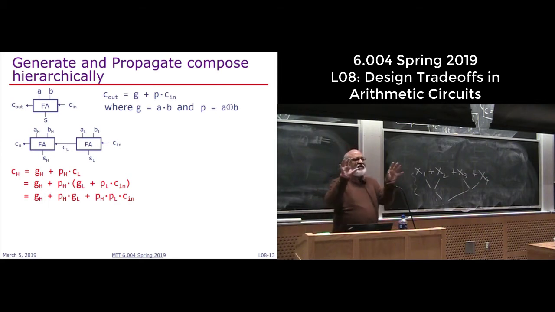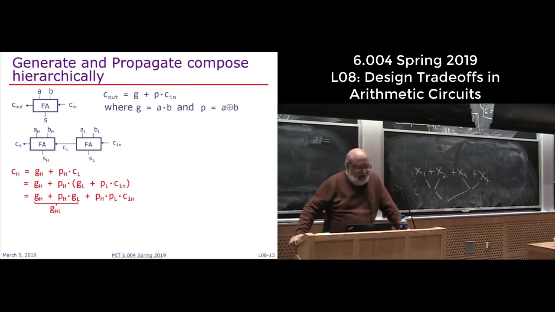If I look at these two boxes, these two full adders, which you can in general think of as high, low, because the idea is going to generalize to n bits very soon, you can figure out if this is going to generate a carry.